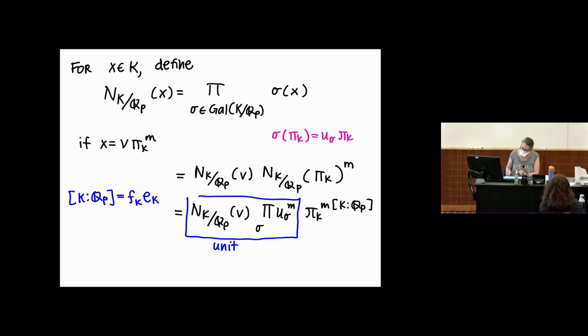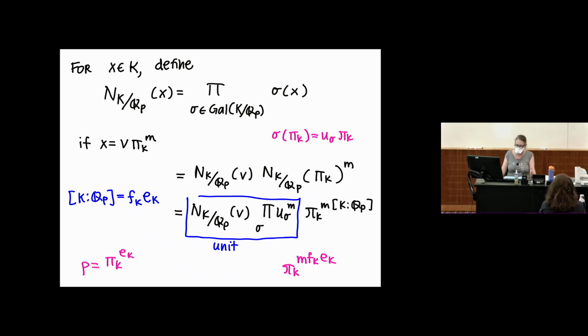So if you want to see how many powers of p divide this expression, well, this is all a unit, so no powers of p divide it. And here you have pi_K to the m f_K e_K, and p was pi_K to the e_K.